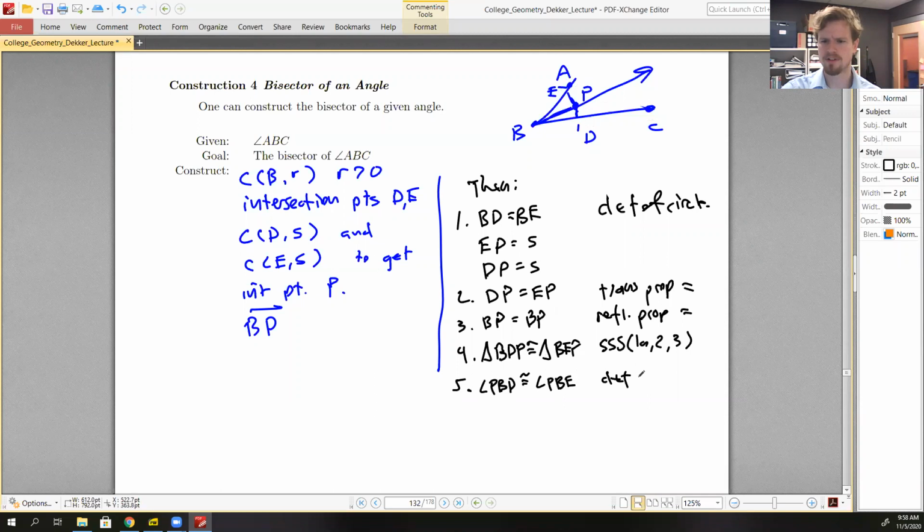That's by the definition of congruent triangles. And once we have that, we know that BP bisects the angle. Excellent. Definition of an angle bisector.